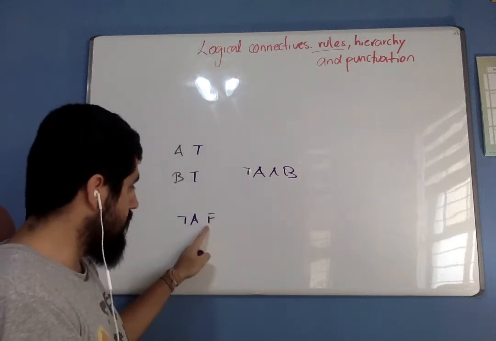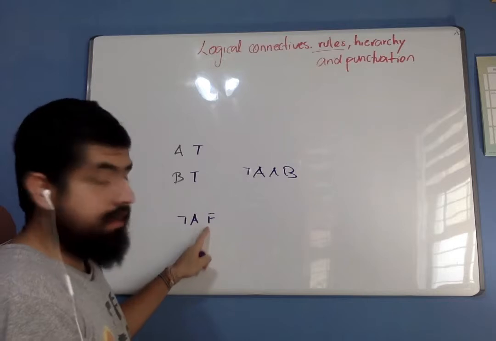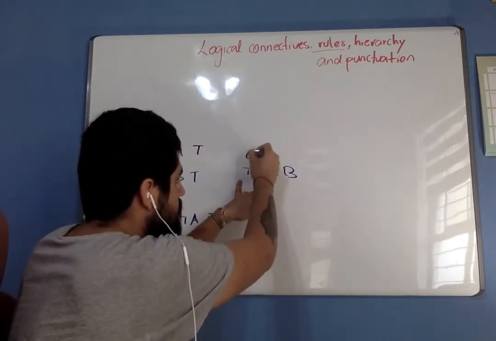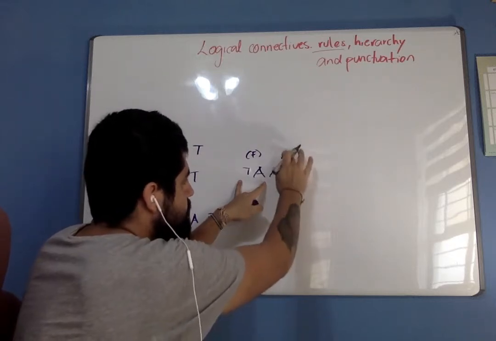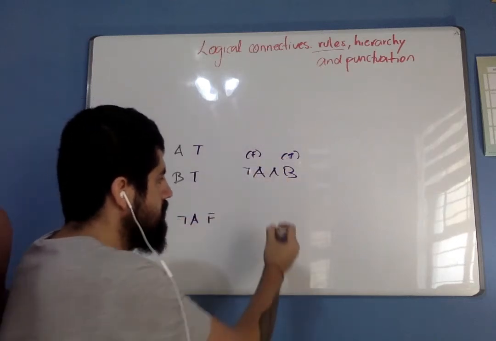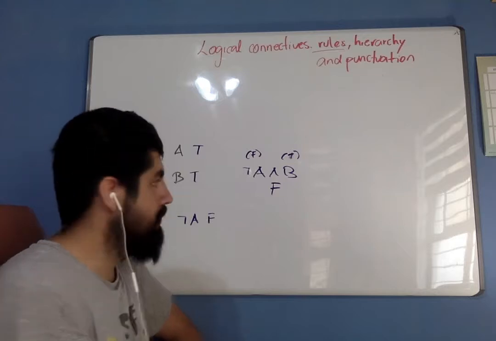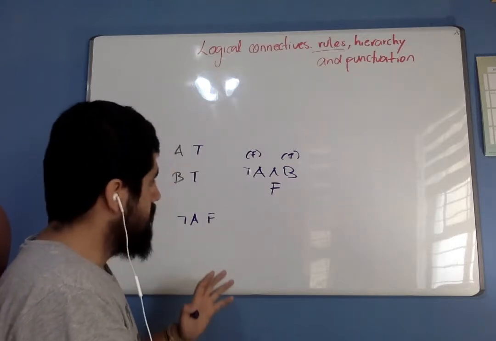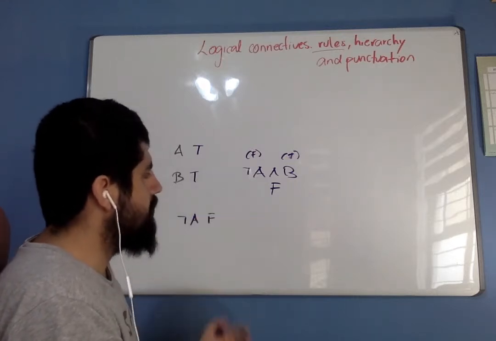No, because the negation of A now is false, and the value of this negation of B is true. So false and true, the conjunction is going to be false. Okay.